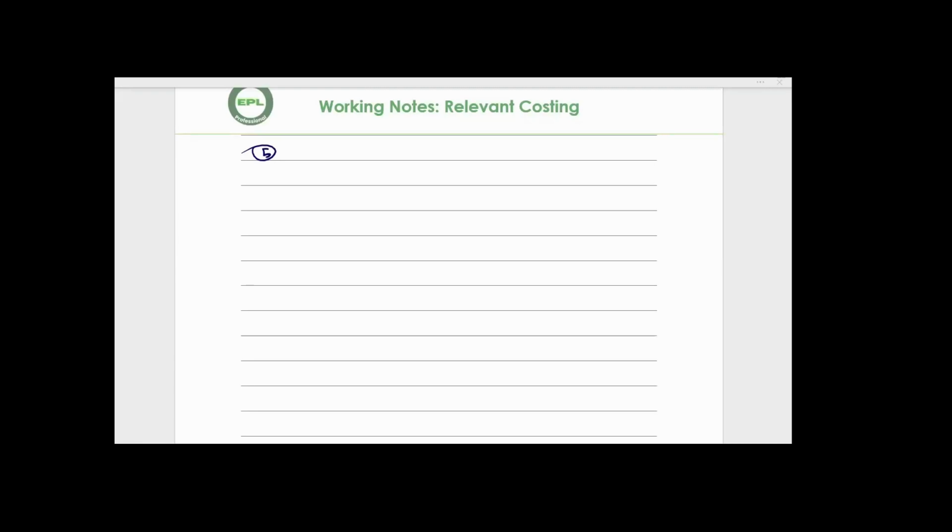So number 5, a specialist machine will be required for 7 weeks for the house. So what's our assumption here? We said that the initial rental cost for the specialist machine of 1.5 million naira is not relevant because it's a committed cost.